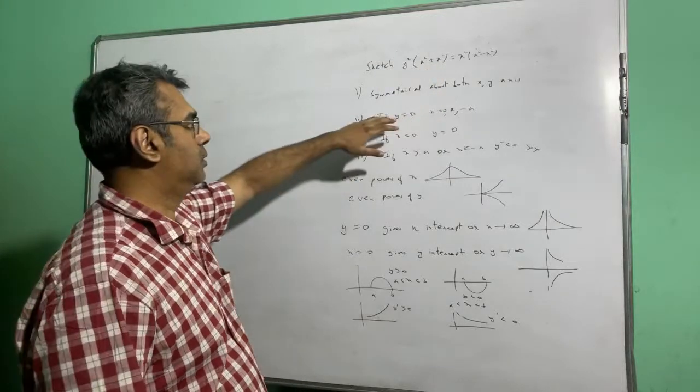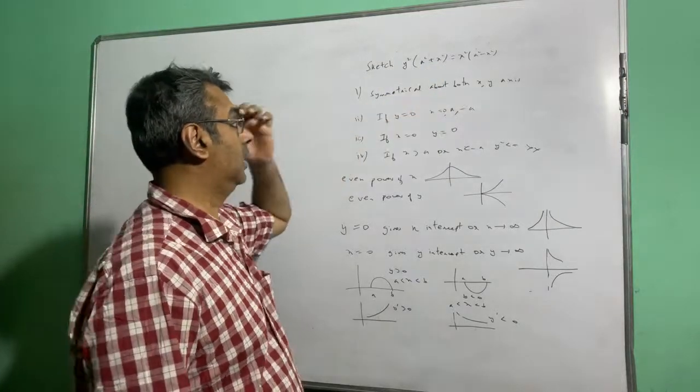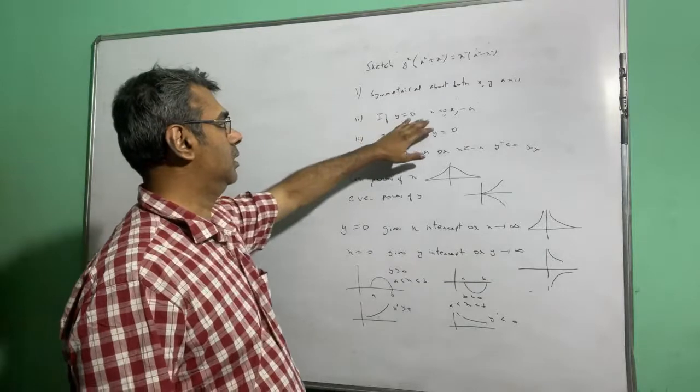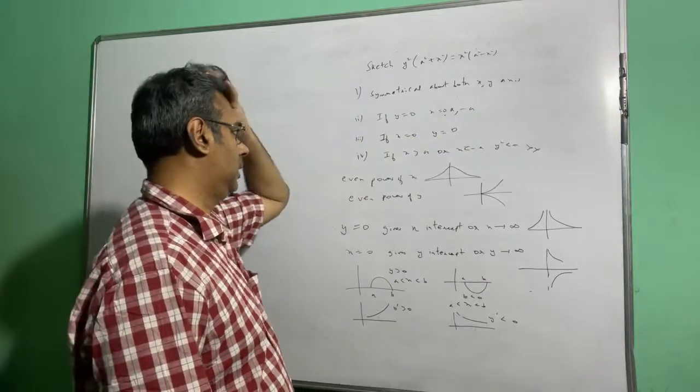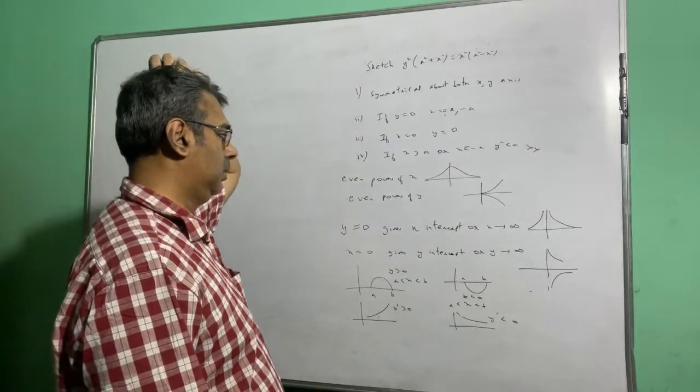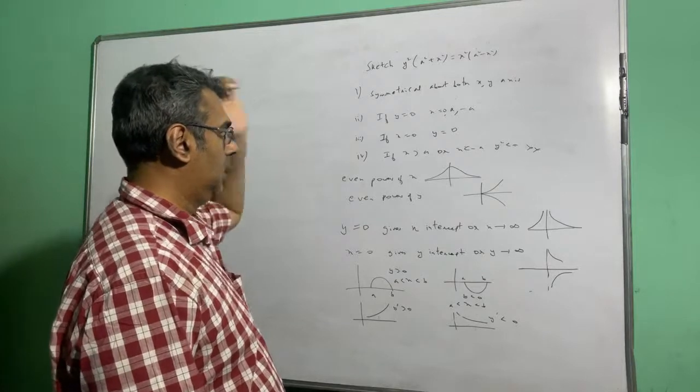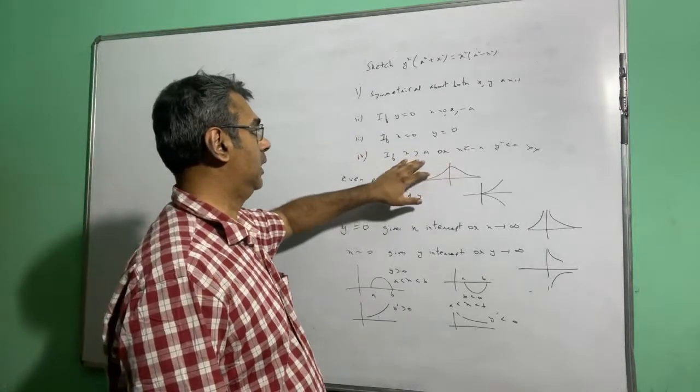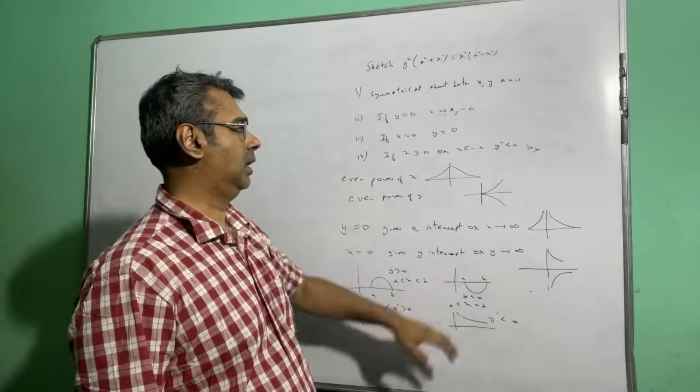So it is symmetrical about both x and y axis. When y is 0, x is either 0, a or minus a. If you put x equal to 0, then y is 0. If x is greater than a or less than minus a, then y square is negative, which is not possible.